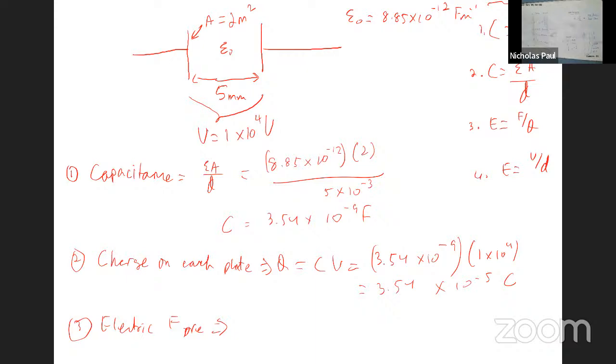So you find the electric field strength first, and then you could find F. What do you have? Nice. Karen, what did you get? Emil, you there?